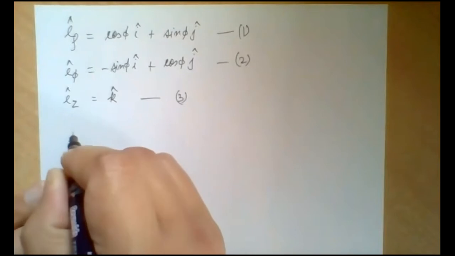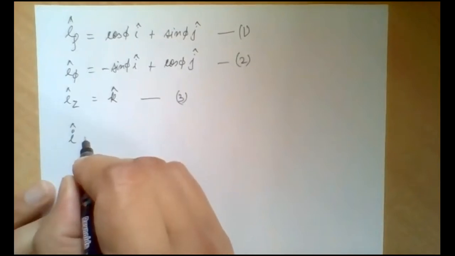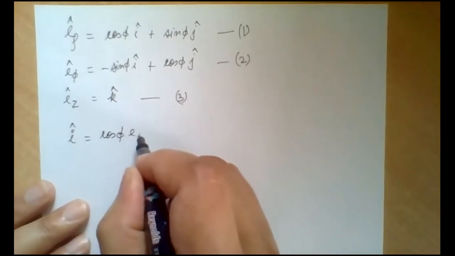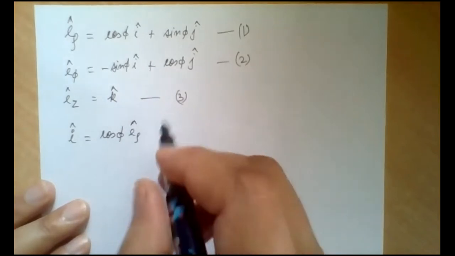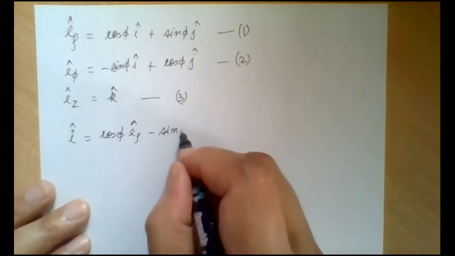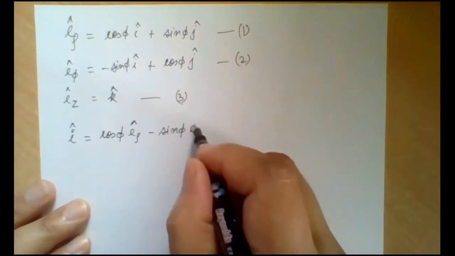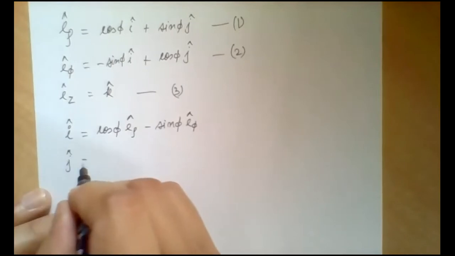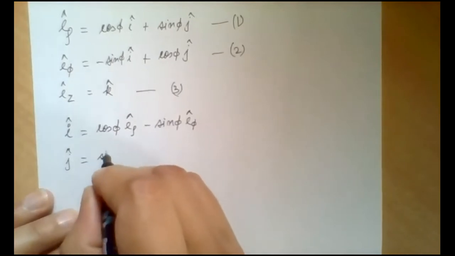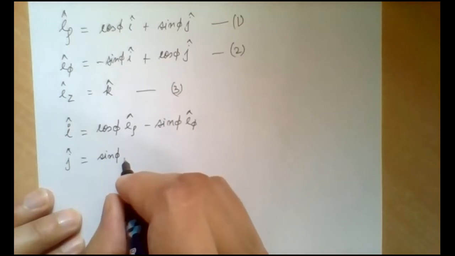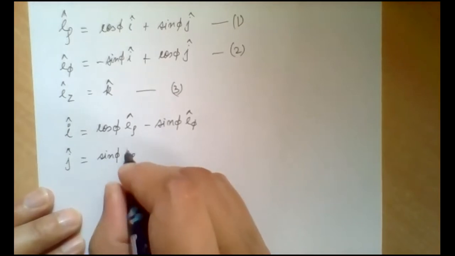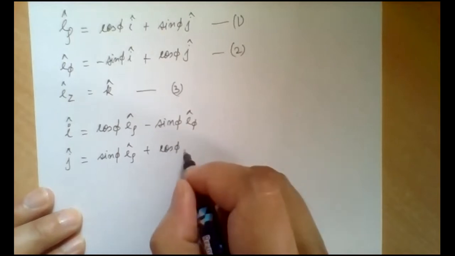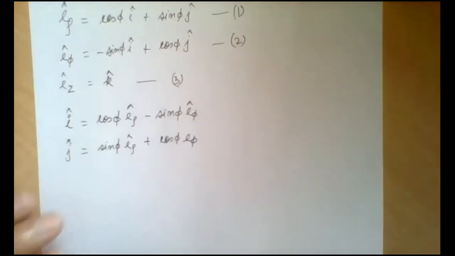From this you should get i hat equal to cos phi e rho minus sin phi e phi, and j hat equal to sin phi e rho plus cos phi e phi.